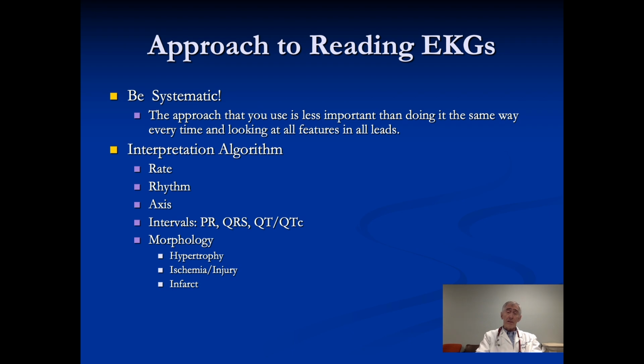This is probably a life lesson. Anyway, the interpretation algorithm that most people like, and I like in particular, is to first look at the rate, and then the rhythm, and then the axis, and then look at the intervals, the PR interval, the QRS, the QT, and the corrected QT, and then to look at the morphology.